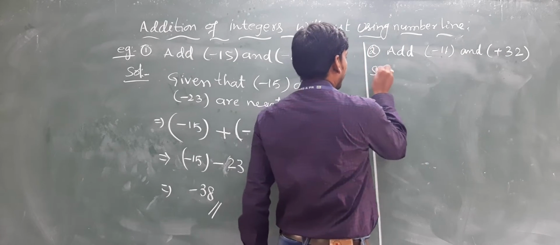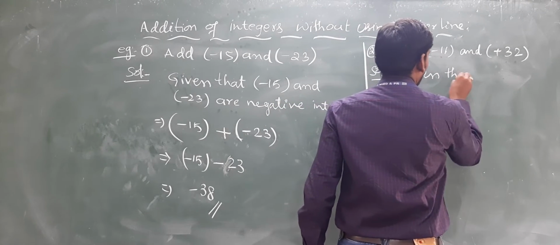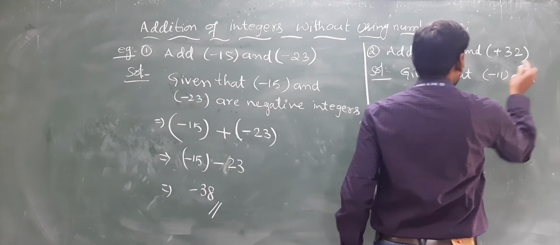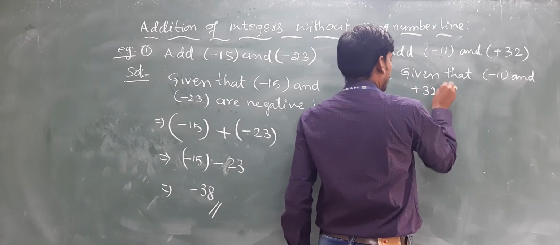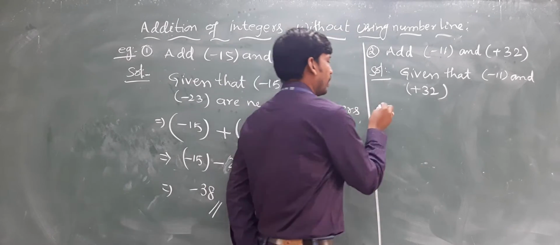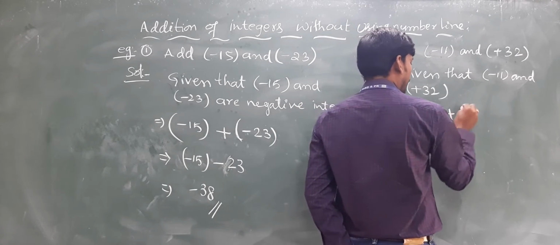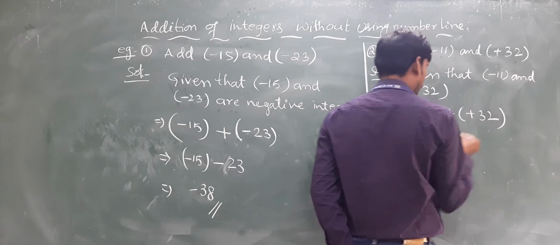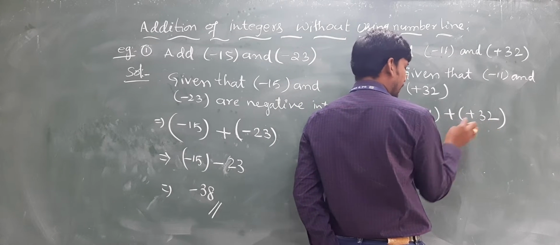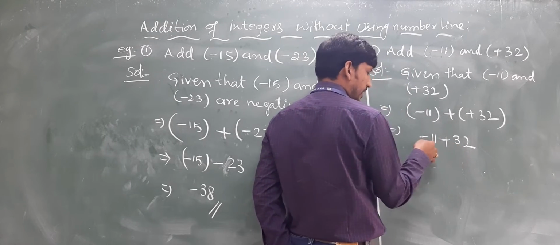Now the solution. Given minus 11 and plus 32. So how to add these two integers of different signs, which implies minus 11 plus 32. So minus 11 plus, in brackets, plus 32. See, one is a positive integer, one is a negative integer.